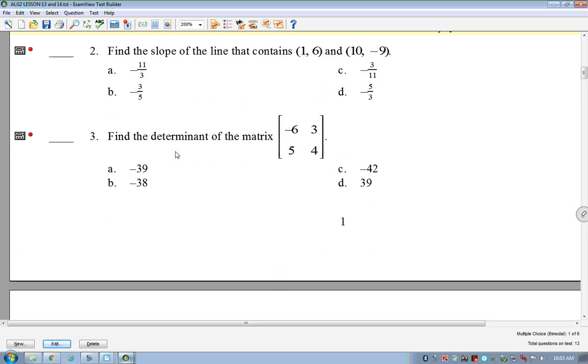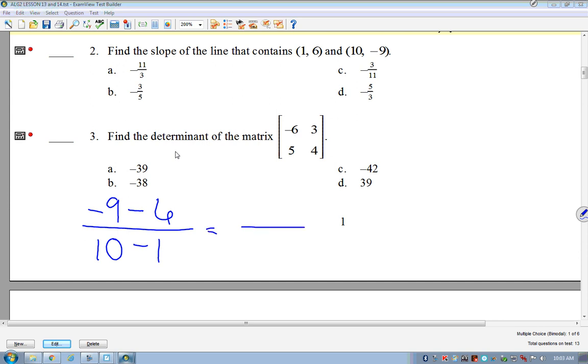Let's do one question here. We're actually using the slope formula, though. We got 1, 6, and 10, negative 9. Allison, help me find the slope of this using our formula. Negative 9. What's negative 9 minus 6?